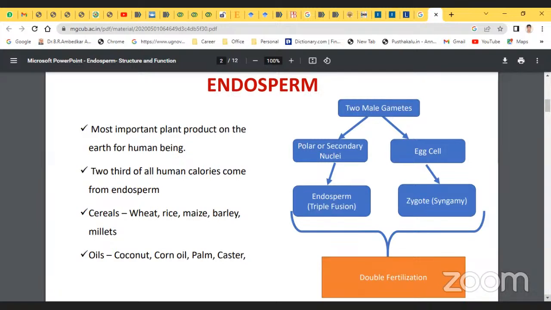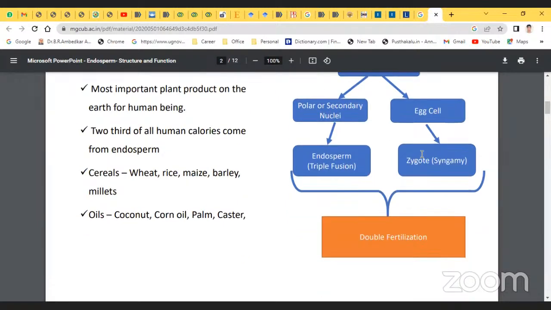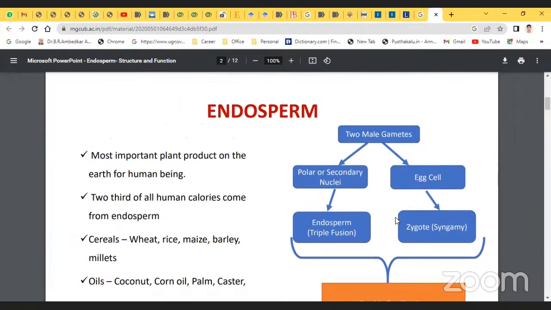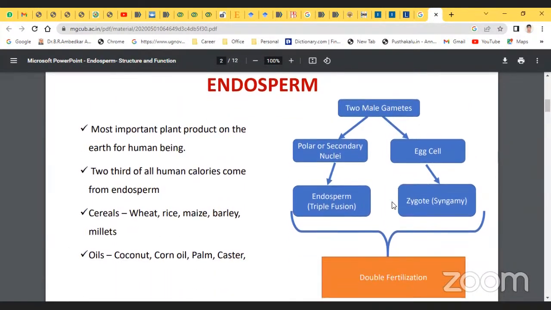Before going to endosperms, we already discussed the two male gametes, the polar or secondary nuclei, the egg cell, triple fusion and the zygote. These are the processes of double fertilization. In some plants like gymnosperms it is before fertilization; in angiosperms it is after fertilization.